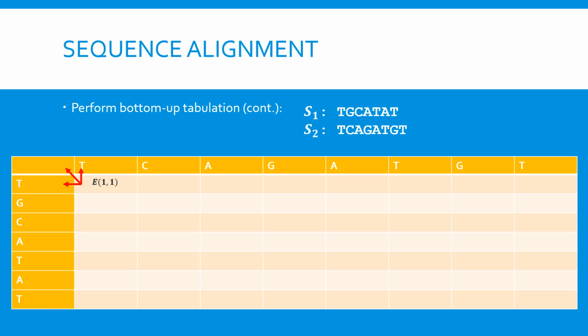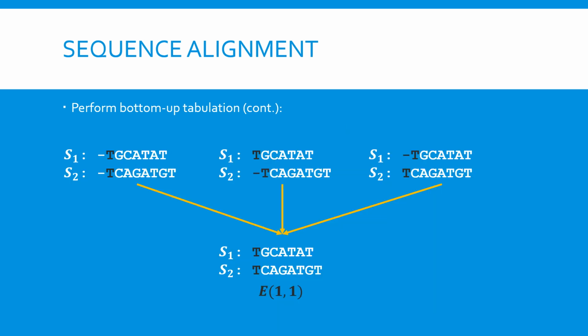For this dependency structure, it is important to properly handle the boundary cases. For example, when computing E(1,1), all its dependencies fall out of bound. To properly handle the boundary cases, let's visualize here the specific scenarios they represent. Specifically, there are 3 alignments that can lead to the solution of E(1,1).